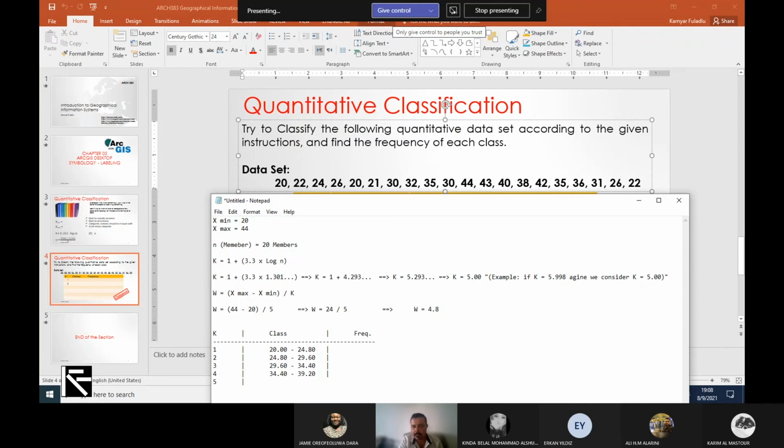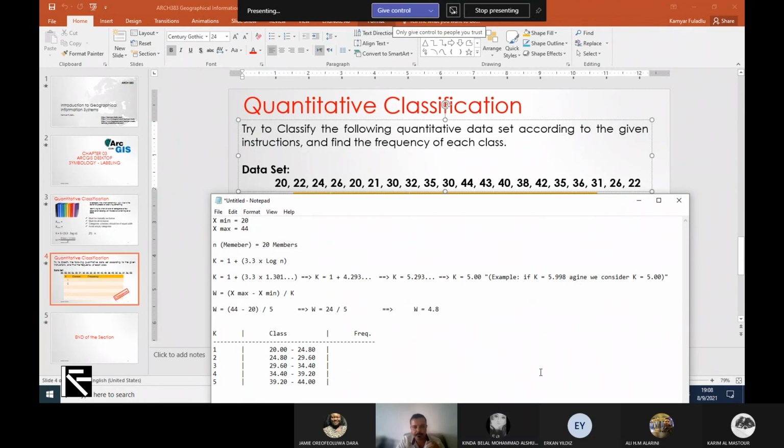And our last number, 39.20 plus 4.8, is equal to 44. Anyone agree with this? Yes, Hocam, it's correct. Okay.